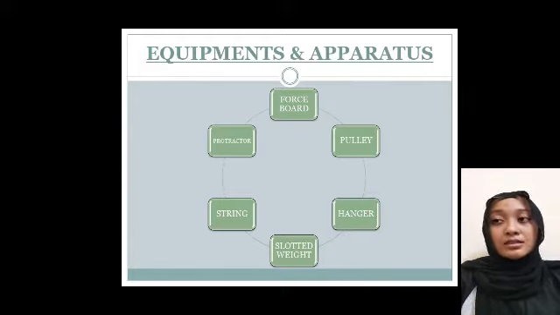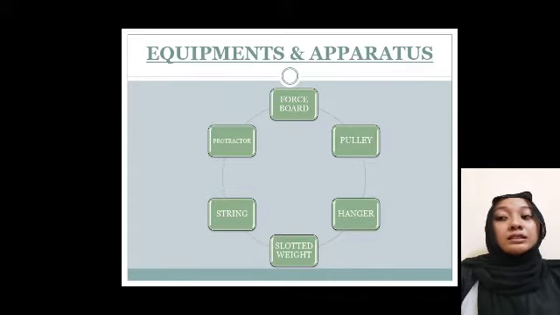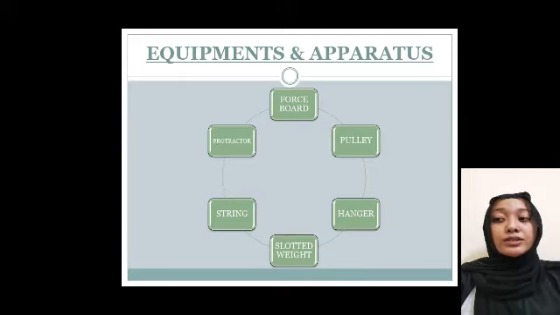Second one is the pulley. A pulley is a wheel on an axle or shaft that is designed to support movement and change of direction of a towed cable or belt. Third one is the hanger. The function of the hanger is measuring weight and hanging different objects.